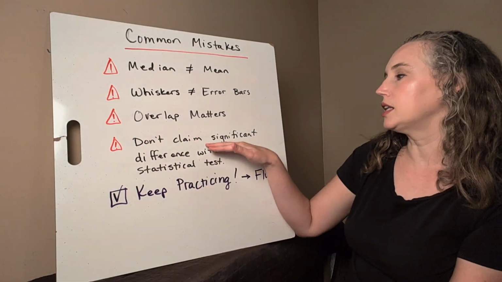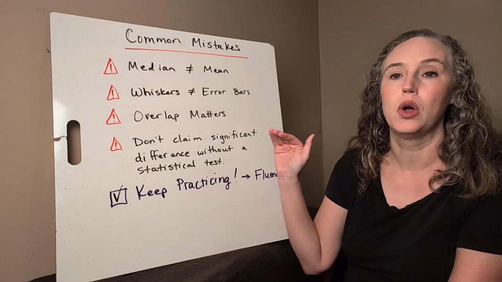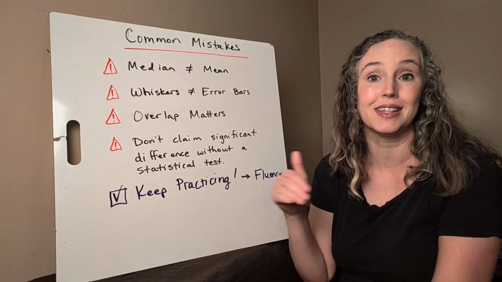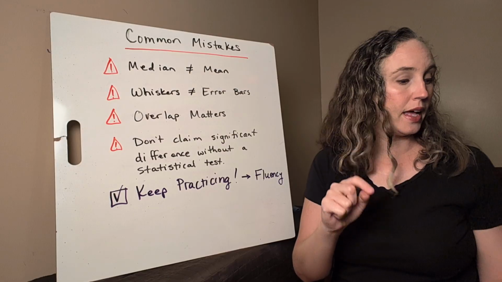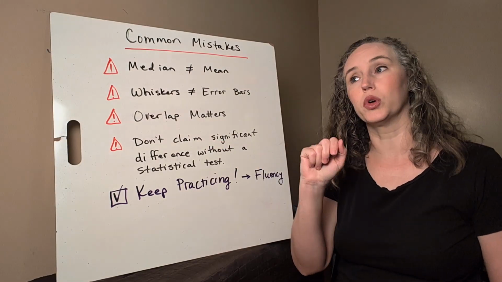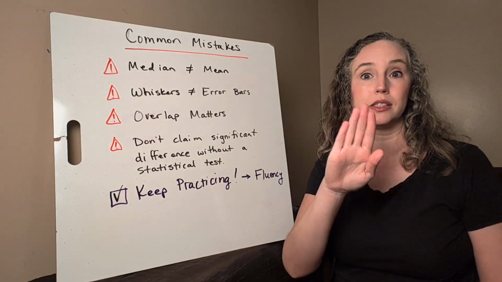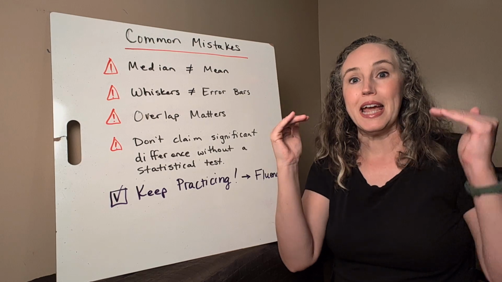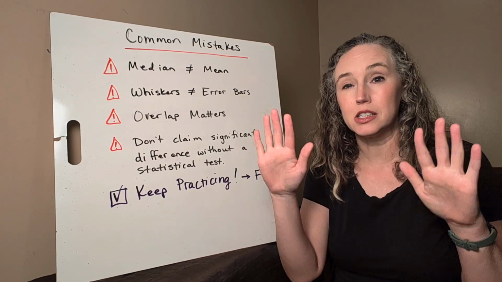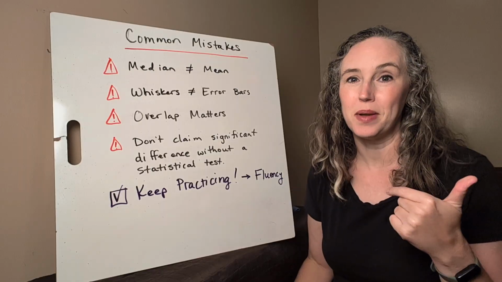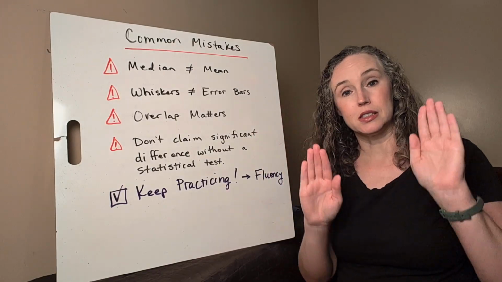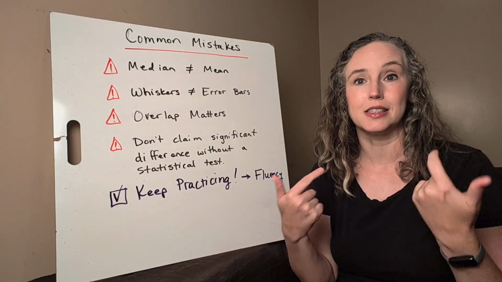Also, you don't want to claim a significant difference without a statistical test like a chi-square analysis. So even on that last board where we were looking at ash and sycamore, yes, the medians are different, but since there's so much overlap, you would want to do a chi-square test on that data to see if the difference is statistically significant or not.